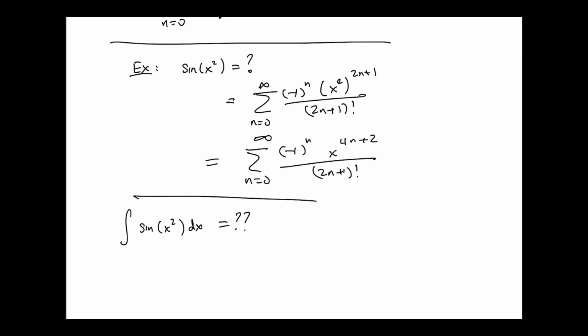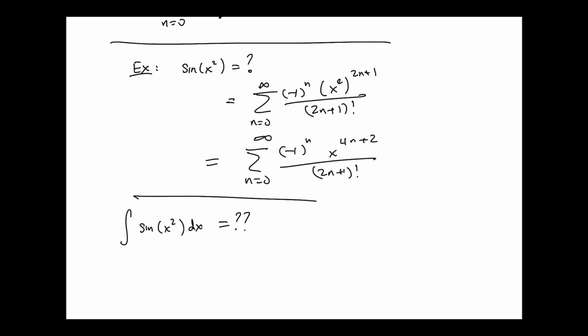So could I just integrate this thing term by term, the same way that I differentiated sine earlier to get cosine? Totally. What's the one thing you have to worry about though if you're doing an antiderivative? The plus c. If you integrate, you get that pesky plus c.